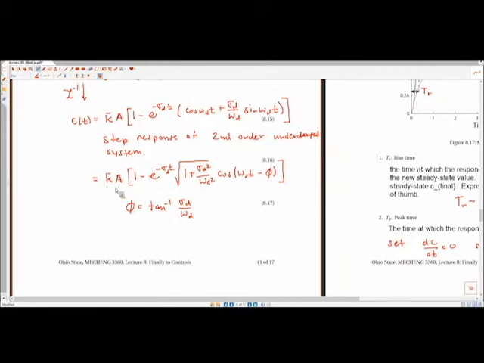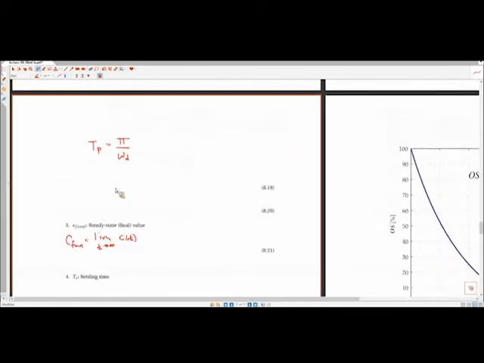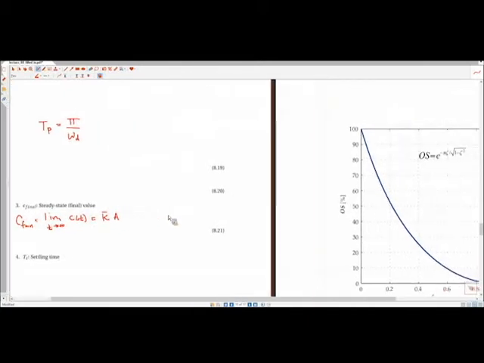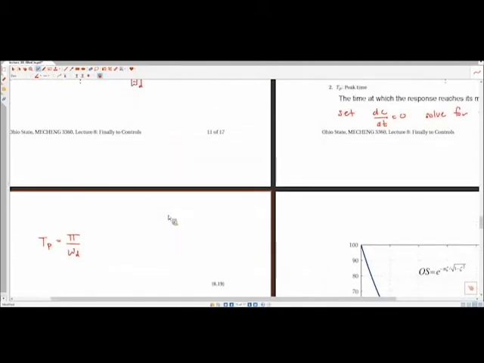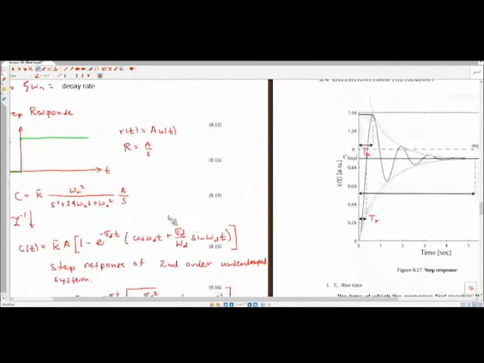Okay, settling time. It's the time after which the response will stay within a specified range of C final.